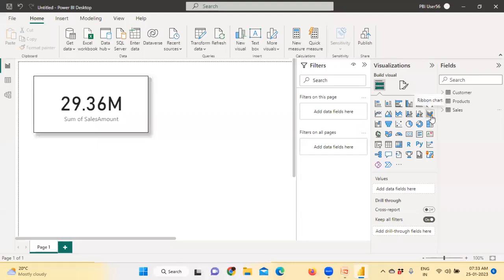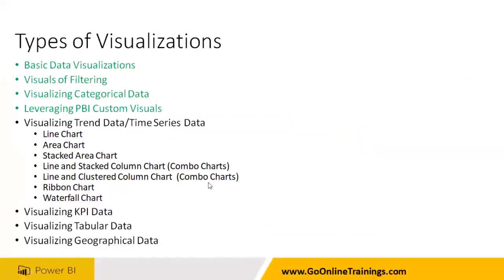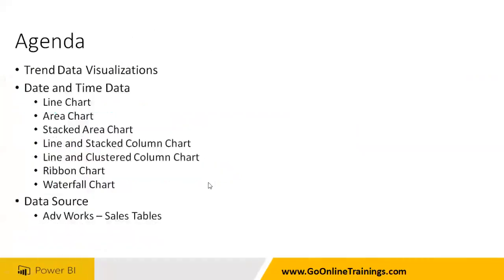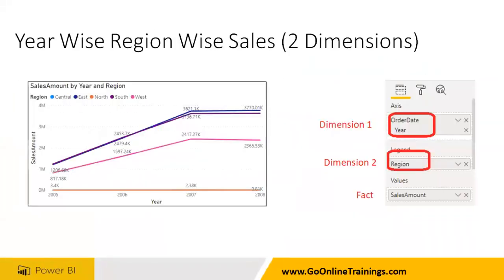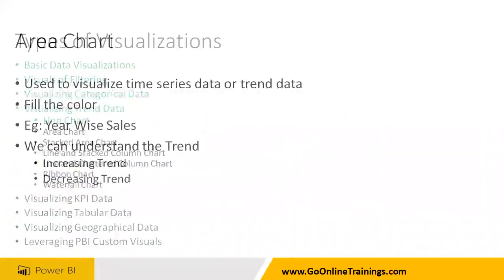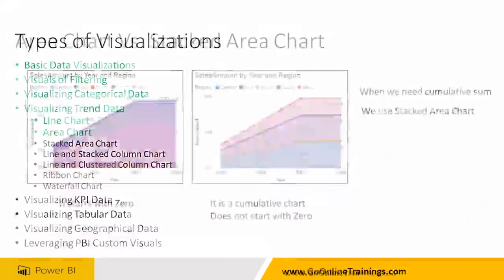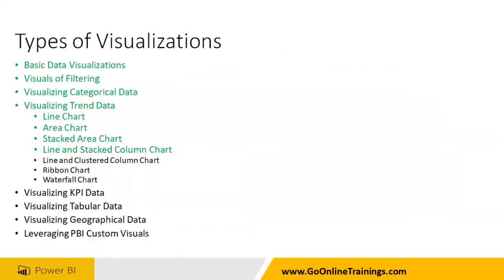Let me click on this ribbon chart and let us talk about it. I spoke about the ribbon chart already. I think, whether you remember or not, I don't know, so let me just go back and tell you.